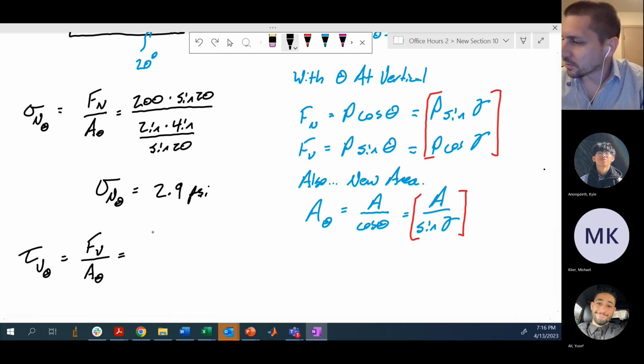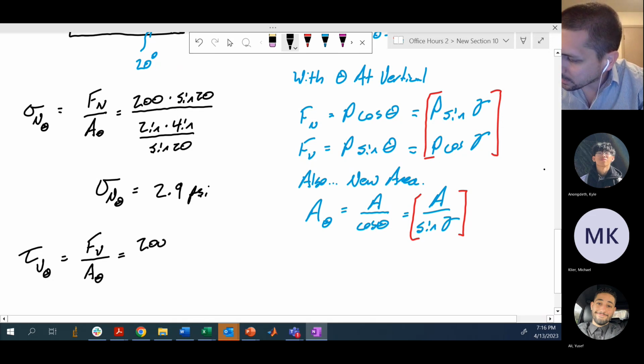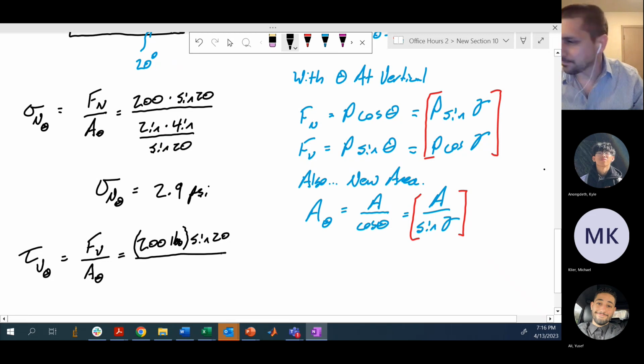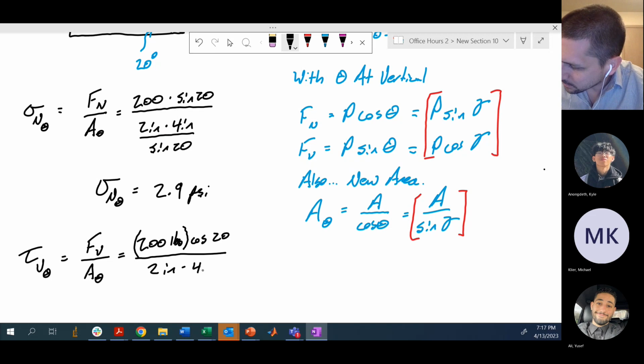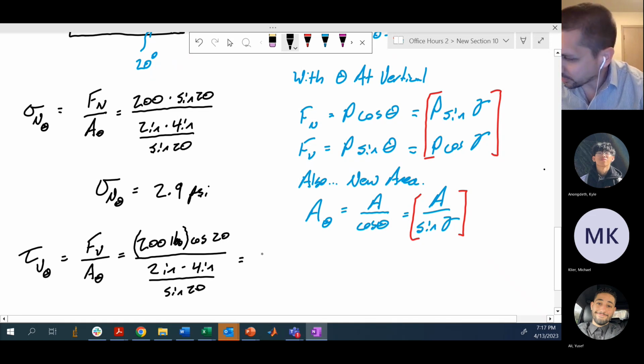So here we're going to have 200 pounds times cosine 20 over that 2 by 4, divided by, again, we need to modify the cross-sectional area, using the sine of 20. All this together, you punch it in, and it's 8.0 psi.